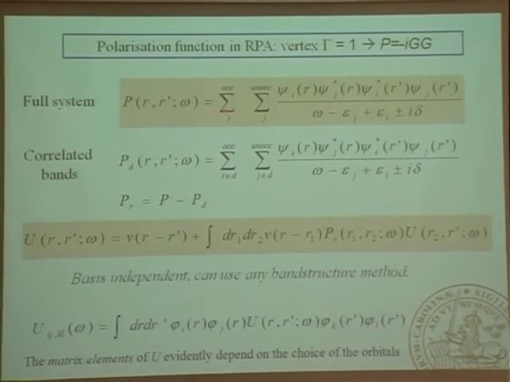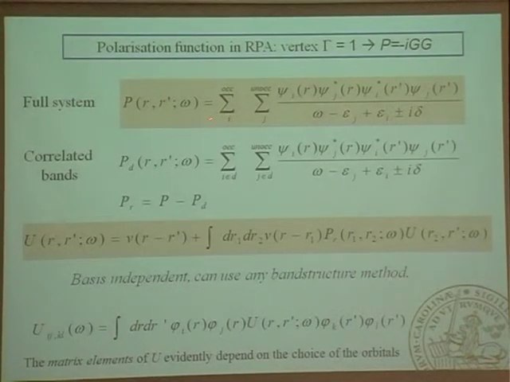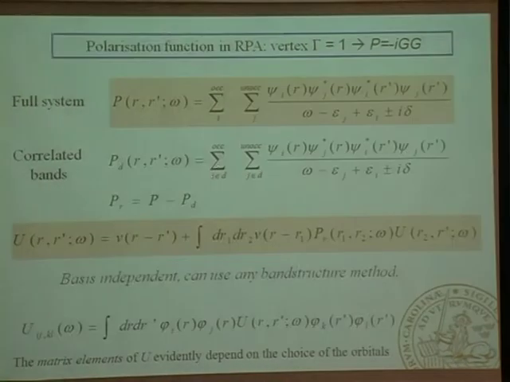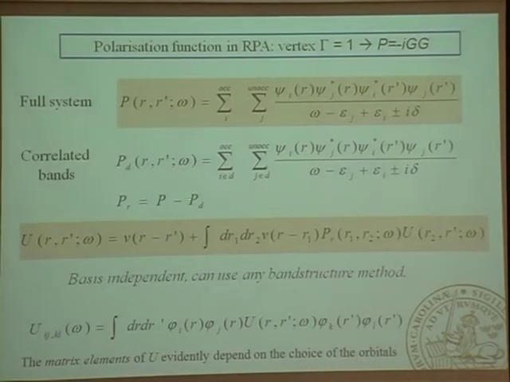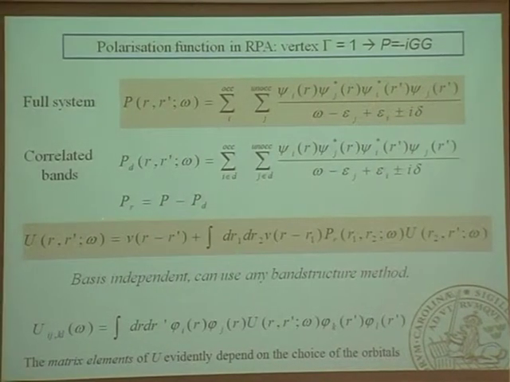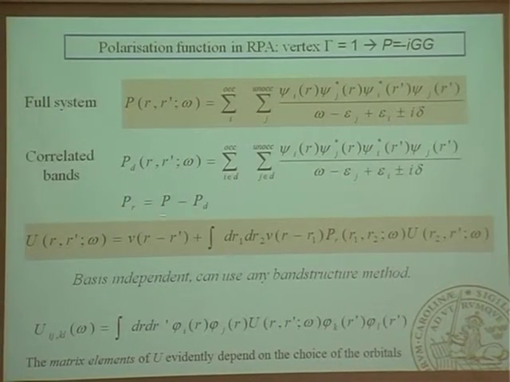This is the full expression, the sum over all possible occupied and unoccupied states. And we have exactly the same expression, but the states are restricted to the D subspace, which is the model. Then you can just calculate the difference between these, or you could also calculate this explicitly. It does not matter.